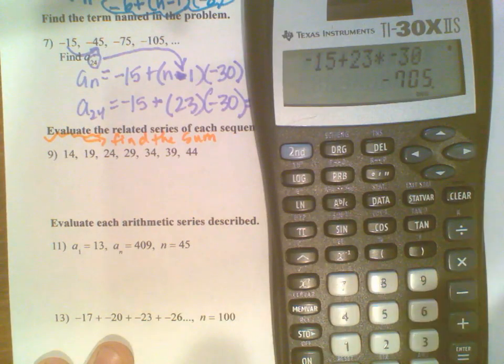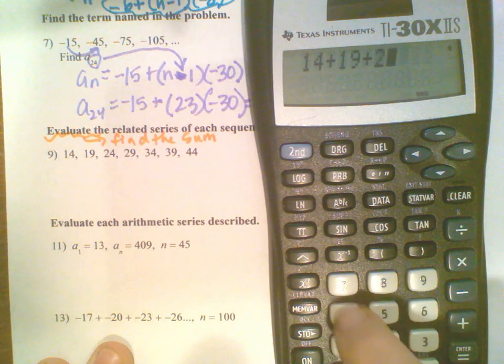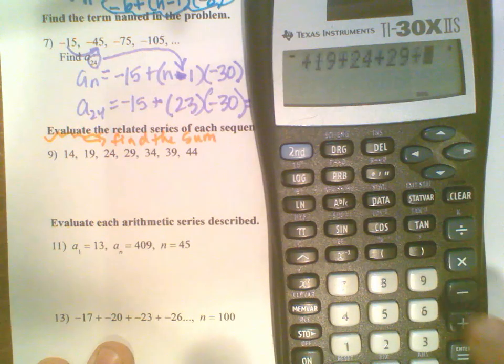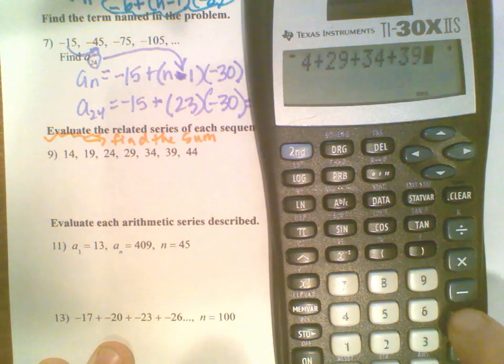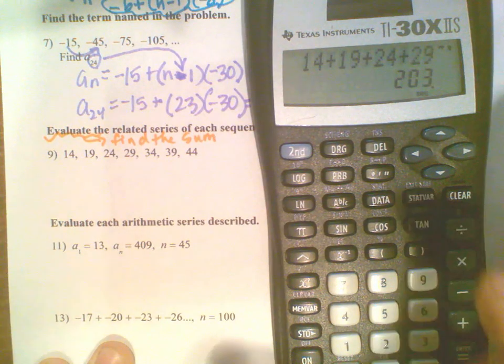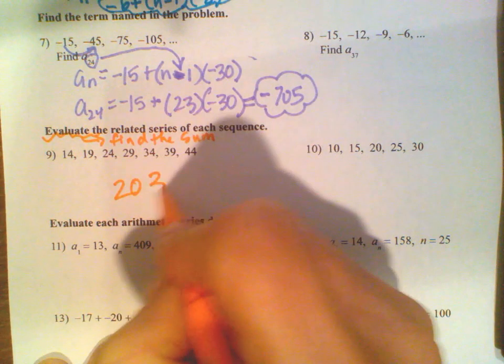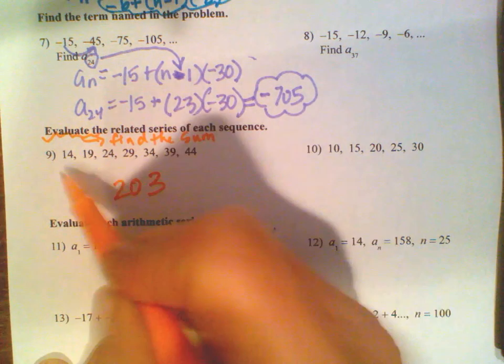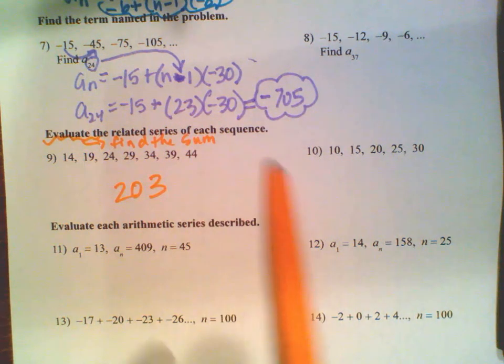I just add 14 plus 19 plus 24 plus 29 plus 34 plus 39 plus 44. So pretty straightforward. My sum then is 203. That's the value of this series.